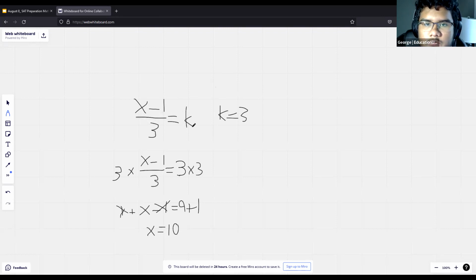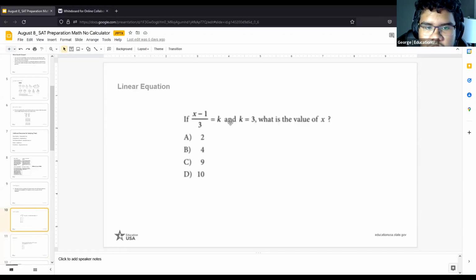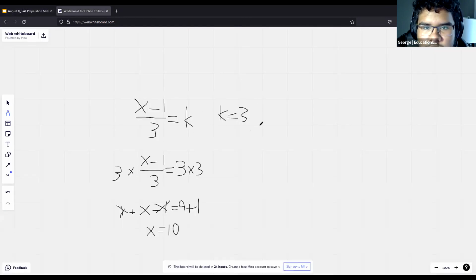We didn't know the value of k to start, but the question explained that k equals 3. Now that we know that k equals 3, we can substitute 3 in place of k, which is what we end up with in this next equation: x minus 1 divided by 3 equals 3.